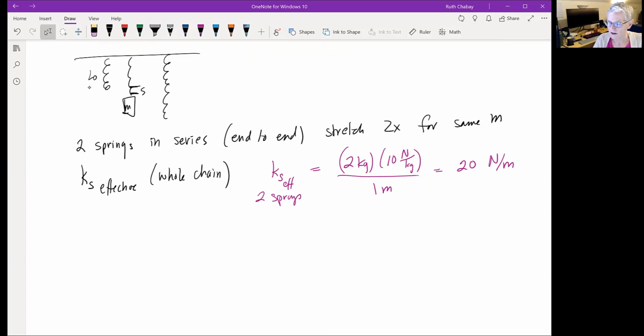What would happen if we had 3 springs? It stretches 3 times as much, right? So we get 3 times the stretch. And the effective spring stiffness, let me write out effective so you can see.